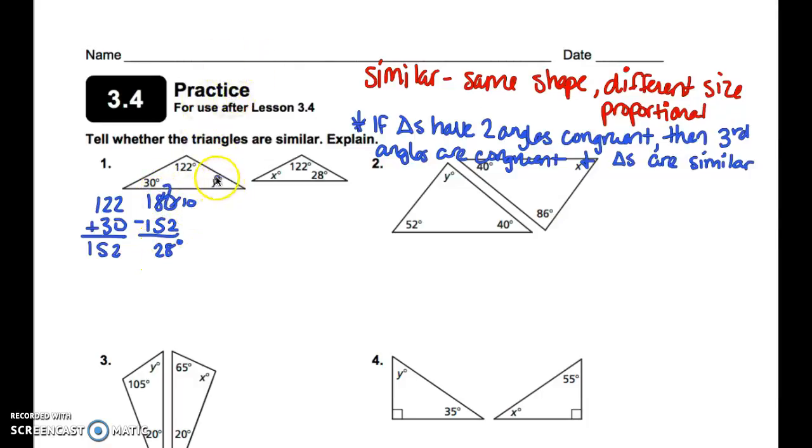So that means that angle Y right here is 28, and that is the exact same thing as what's over here. So are these two triangles similar? We're going to say yes, because all angles are congruent.